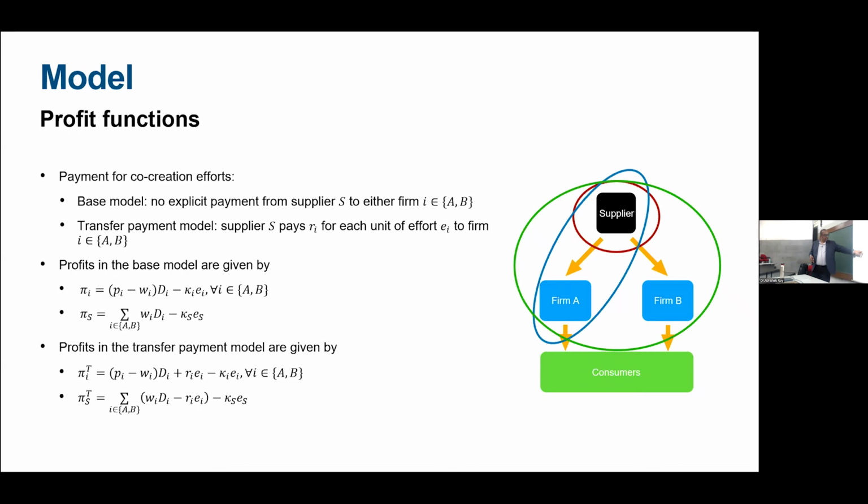Then each buyer company has additional revenue from the payment, and the supplier's revenue goes down by that payment. So one case is no payments, where everybody collaborates or doesn't for altruistic reasons, and the other is eliciting collaboration by giving a payment.